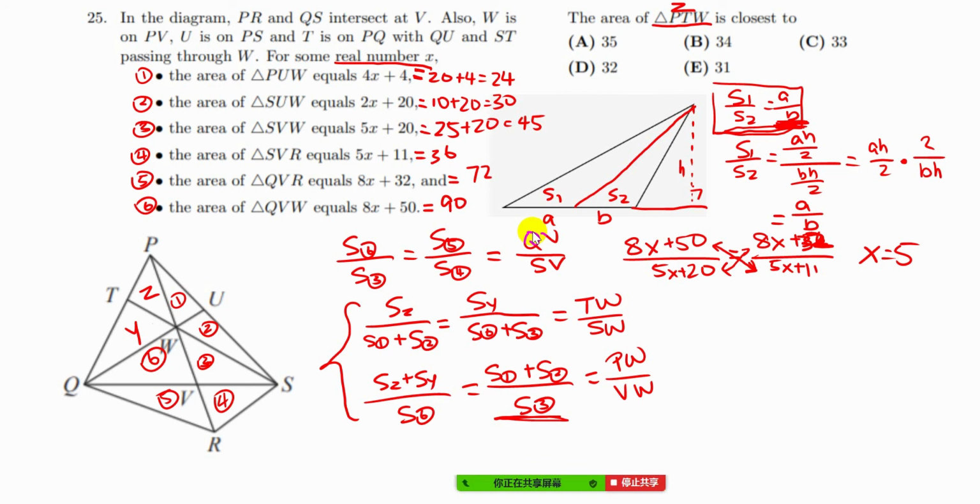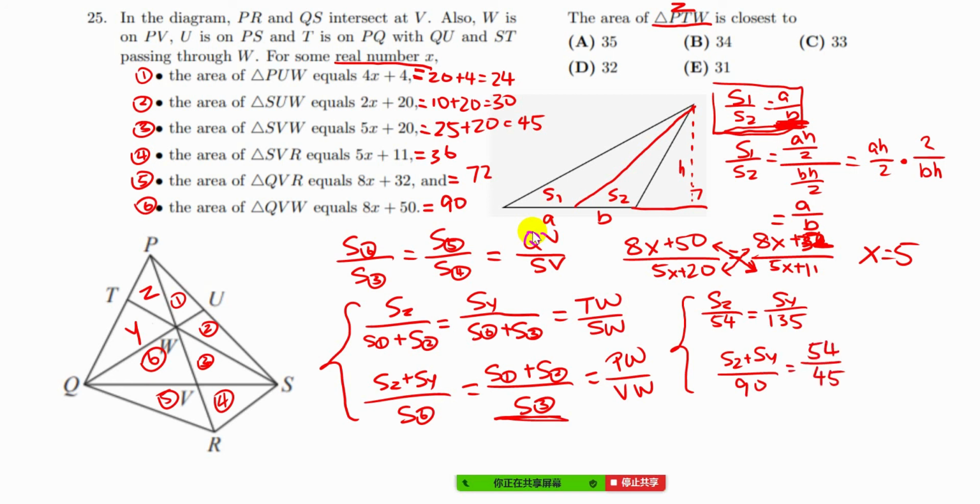And then we put the actual values of S1, 2, 3, 4, 5, 6 into the equations, and it would be like SZ over 54 equals SY over 135. And SZ plus SY over 90 equals 54 over 45.